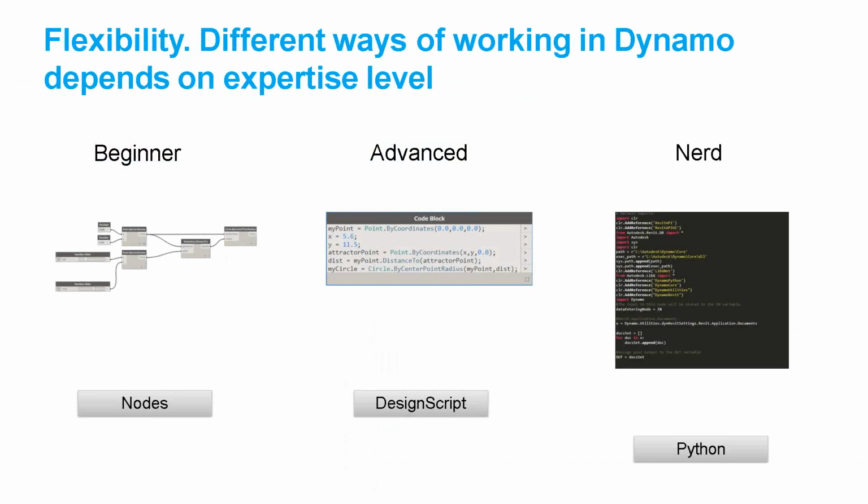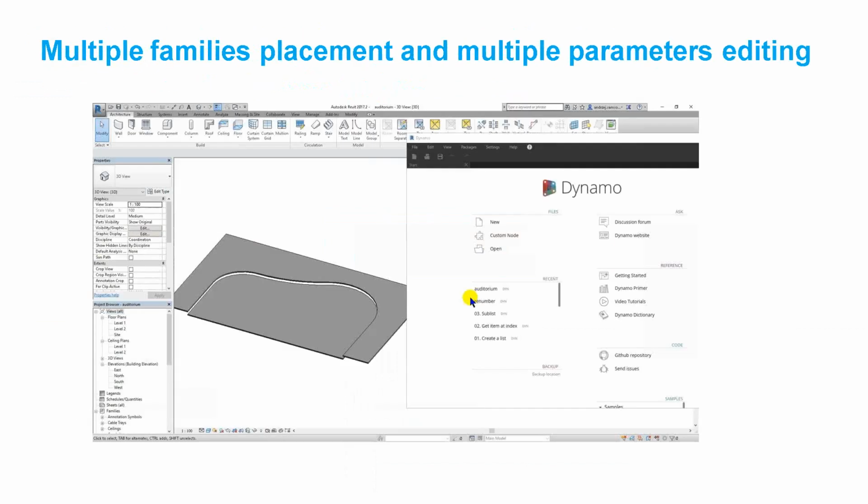But advanced and nerd are absolutely not necessary, and you can do super complex procedures and automations just with nodes. This is just for your information that it is also possible, and it's actually not that far away. If you become super fluent with nodes, you will see that it is also not that difficult to become an expert with the advanced or even the nerd method.